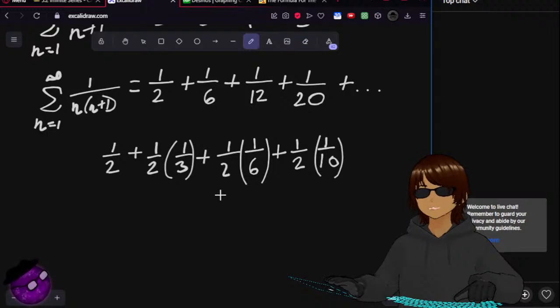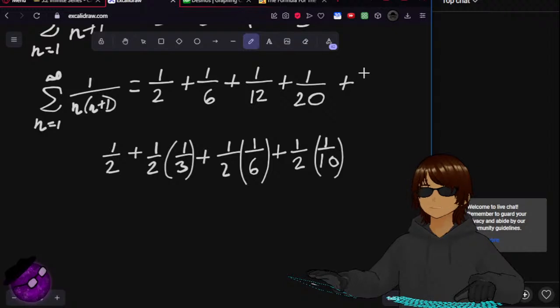Let me think. This isn't exactly a geometric series. The next term would be what? This is 4 times 5, right?